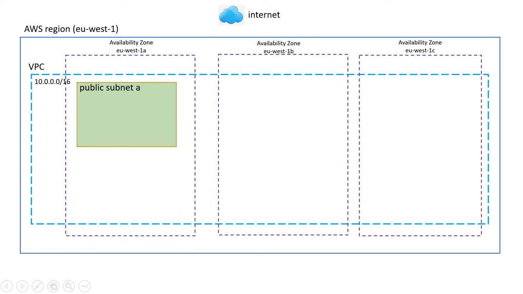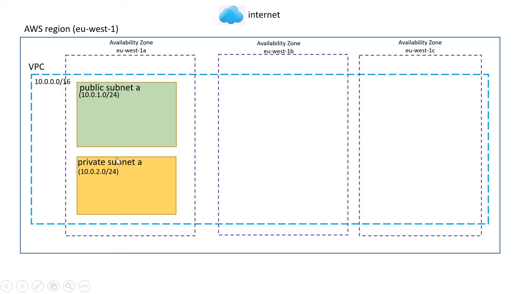Then inside the VPC we can create subnets. Subnets are subnetworks which we create inside our VPC. So we can create a public subnet and a private subnet. A public subnet is the network where we host our services which should be accessible from the internet, like our web servers.